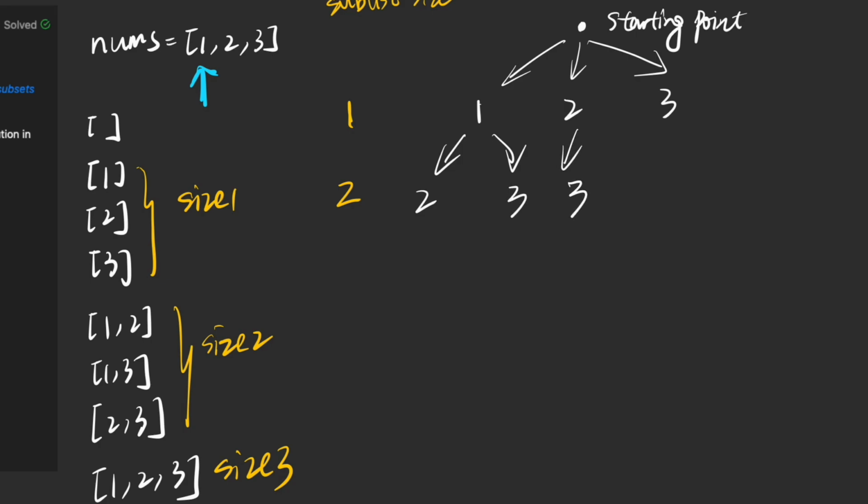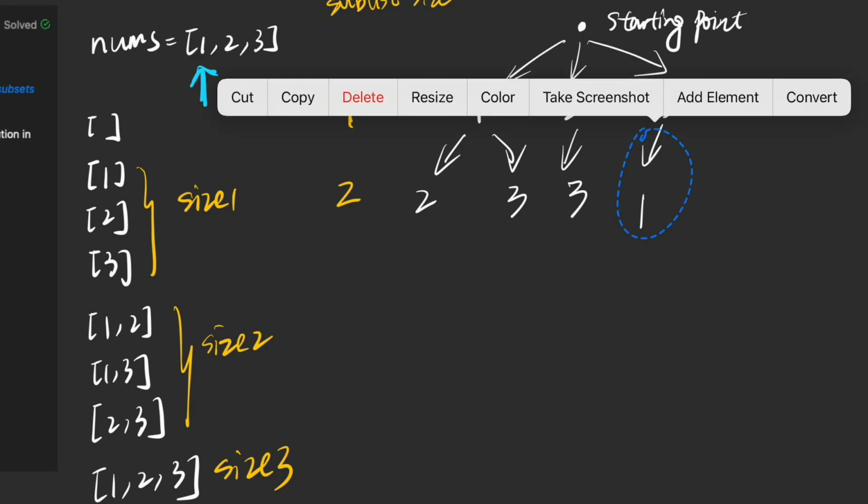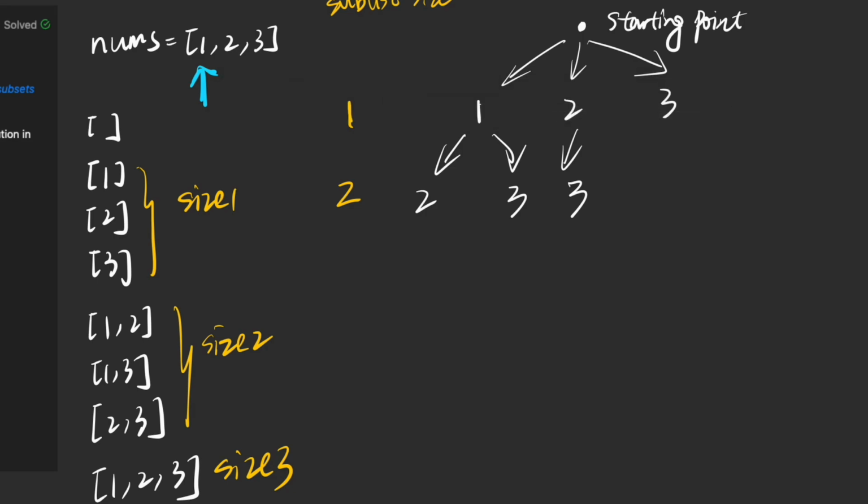And for the number 3, we cannot add anything, because if we add 1, these two are equal, right? Let's write it down. So for these two, they are the same, so we should not consider it, and we delete it.